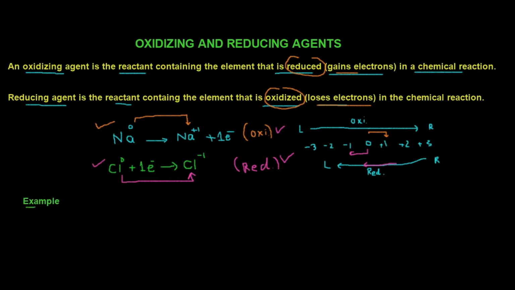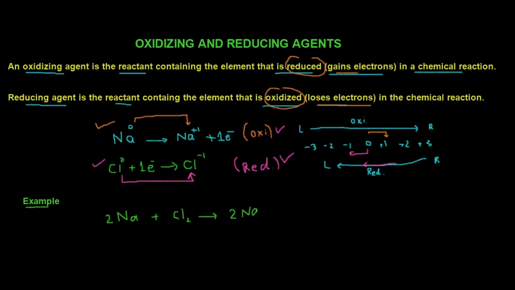Now let us take an example in which we have a sodium atom and it reacts with a chlorine molecule. We have two atoms of sodium and they react to form sodium chloride, common salt.